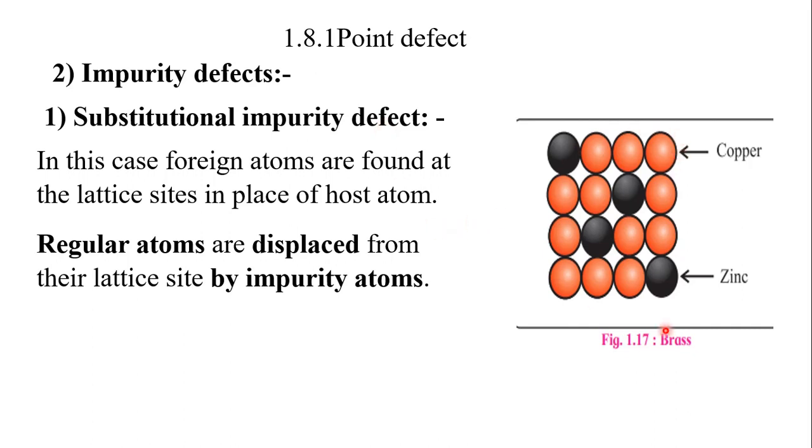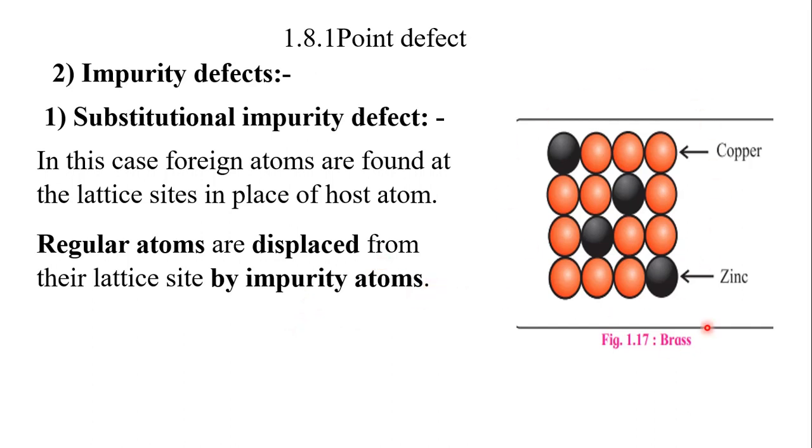Here in this picture, the regular atom is the copper atom shown by the red spheres, and it is displaced by these black colored spheres that indicate zinc atoms, which act as foreign or impurity atoms. So regular atoms are displaced from their lattice sites by impurity atoms.